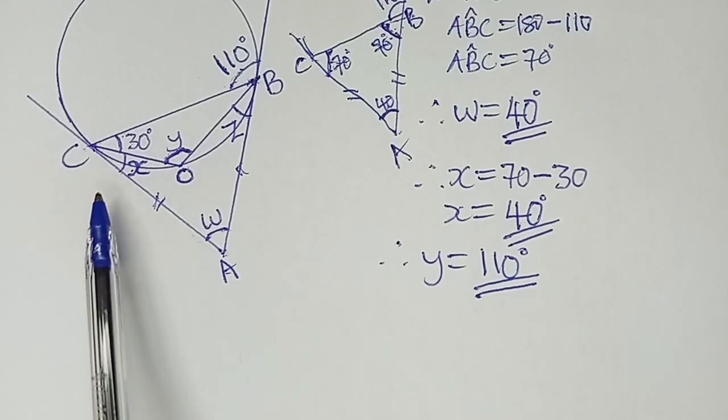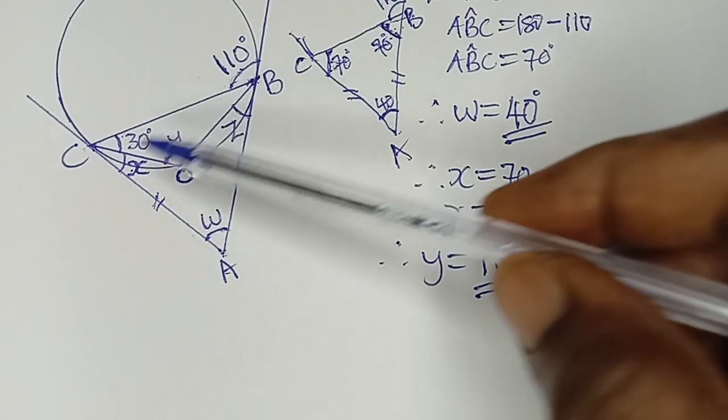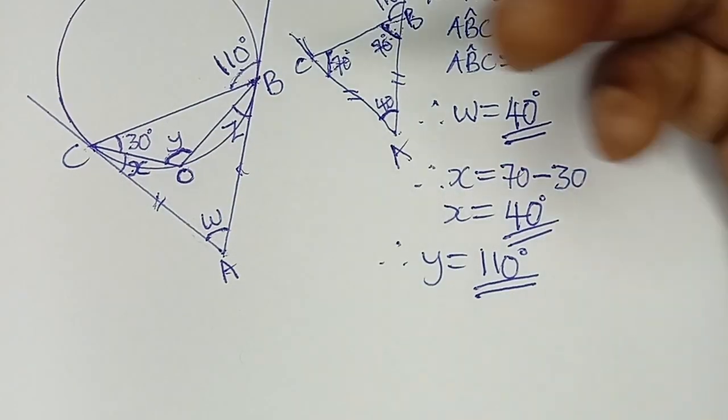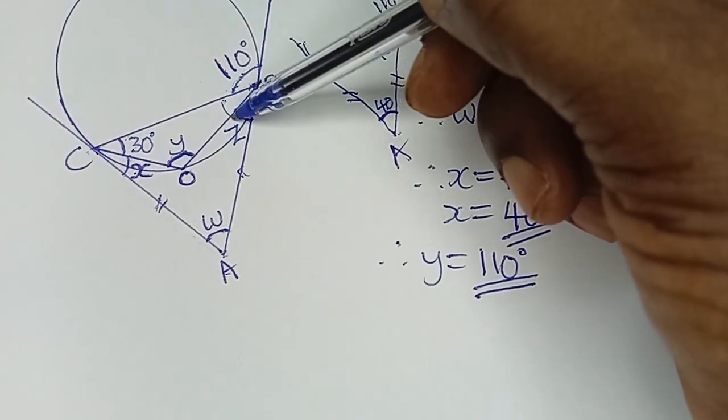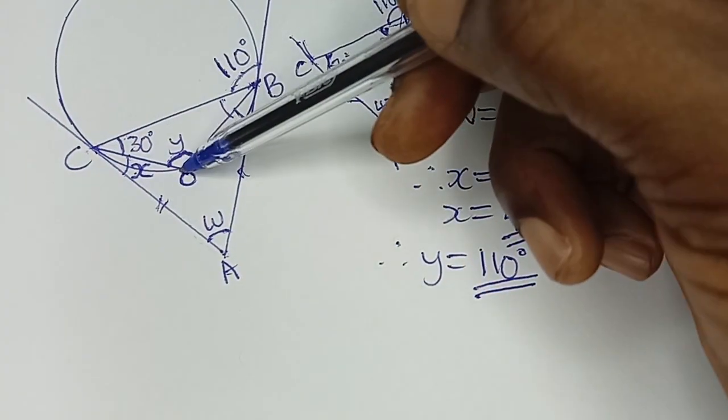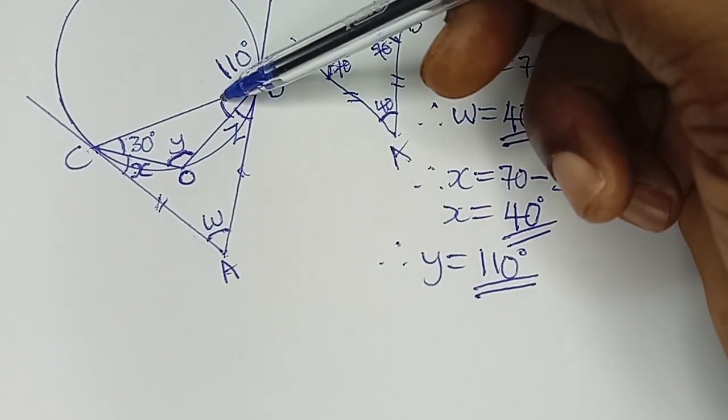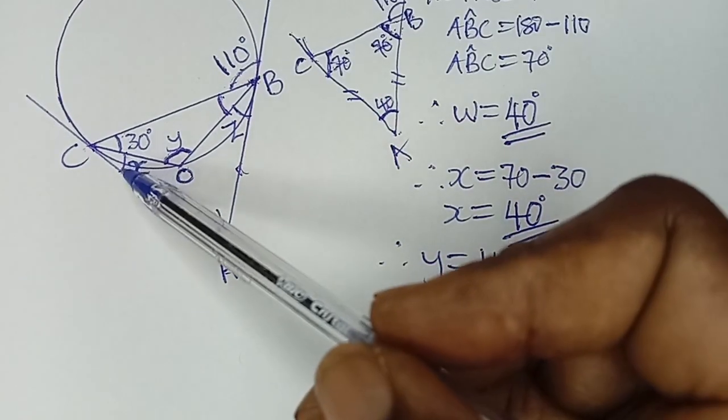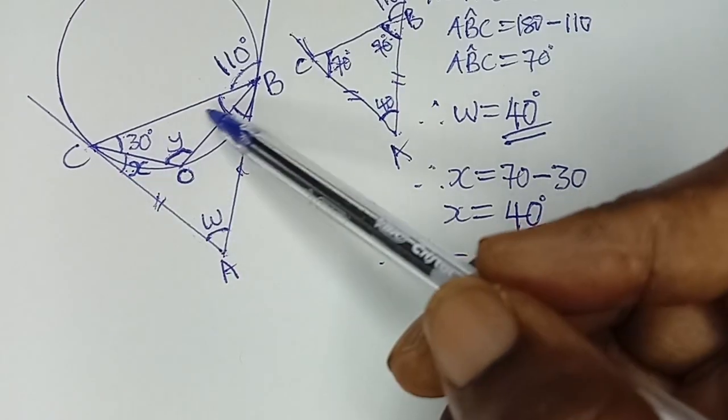That will also tell us that this same X will be equal to this angle here, because it is this same CO that makes this angle in the triangle. So we say angles in alternate segments are equal.